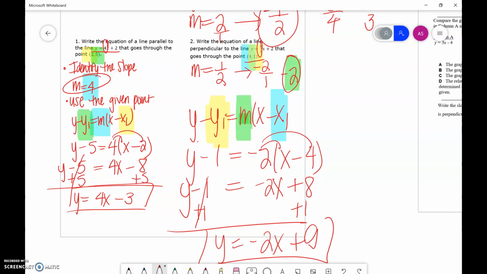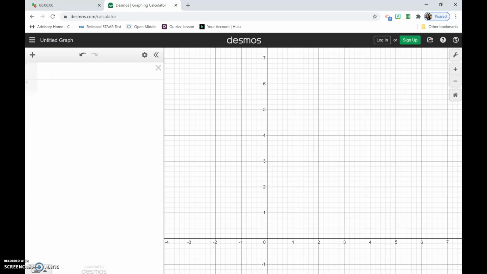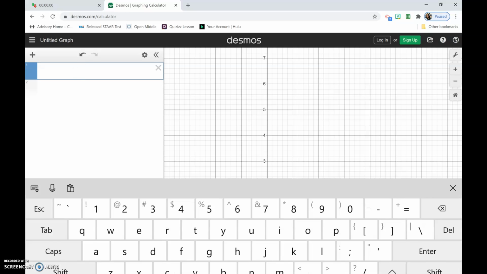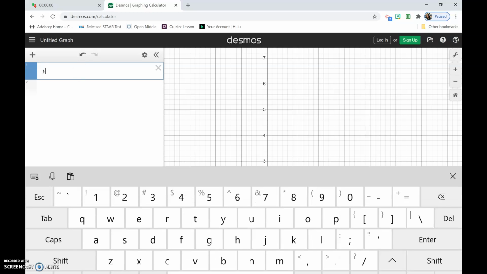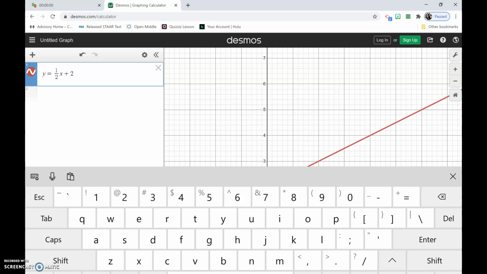So last thing I want you to do, we're going to double check this in Desmos. So I want you to open up a tab and go to Desmos. We're going to X out of these other functions because we're done with them. And let's check this problem here. So my original equation is y equals 1/2 x. You might want to, let's go to the right so that our equation doesn't get messed up. Okay, so that's my original equation, and my answer was y equals -2x plus 9.